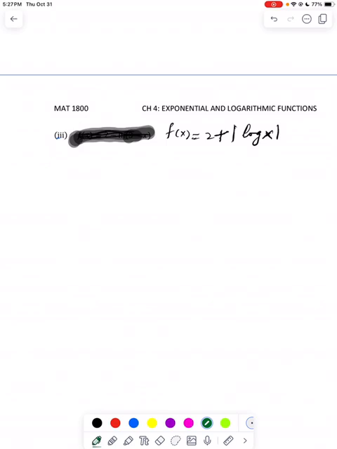This is to the base 10. So you should be able to graph this. There is only one transformation, just shift up 2 units if you are taking your base function as absolute value of log x. Okay, so try these and then I will come back.